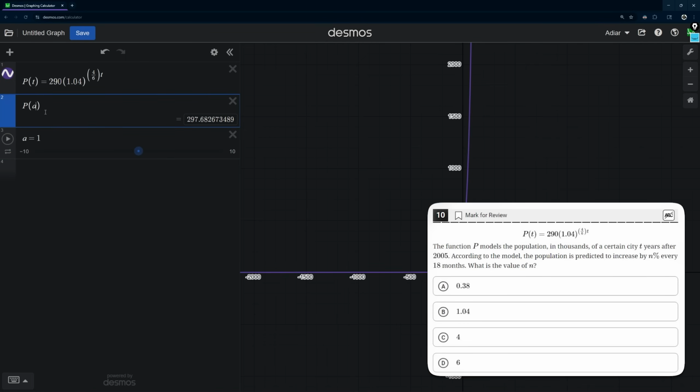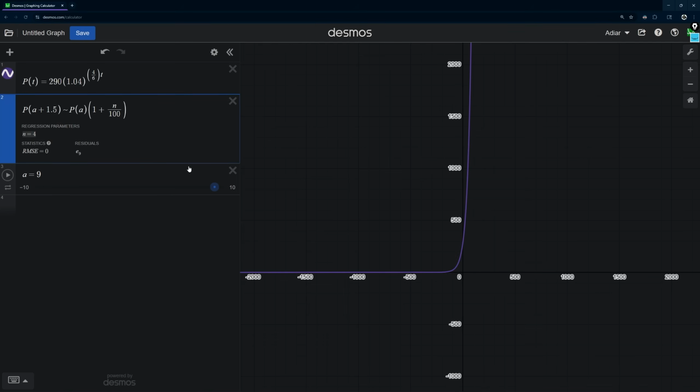So our new population is P of A plus 1.5, and that's going to be equal to our original value, P of A, times 1 plus n%. And we can move the slider A to see that it doesn't matter where we start our counting. It's going to be true no matter what A is. N equals 4. And so that means the correct answer is C.